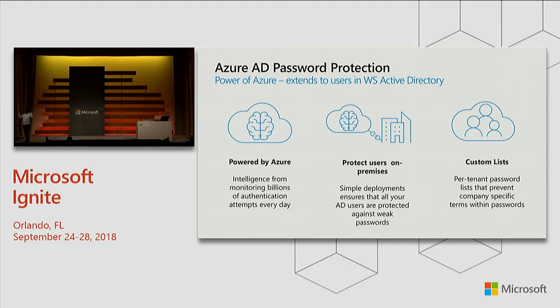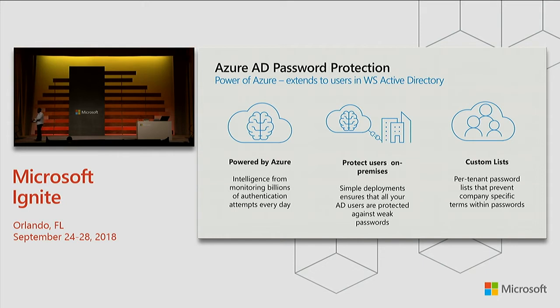Now, typically, that intelligence was used in the cloud-only accounts, but not for hybrid accounts, which about 75% of our active user base is, that they come from Active Directory. So our goal was to provide a capability that works on users in Active Directory, and which is what Azure AD password protection for Windows Server Active Directory is.